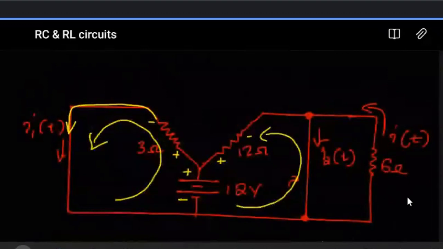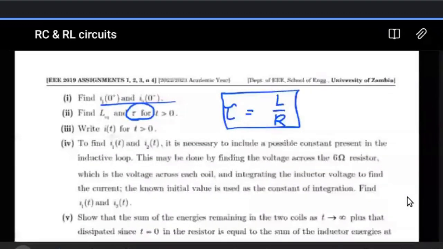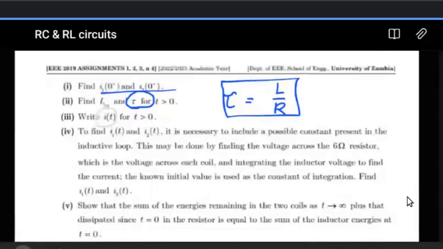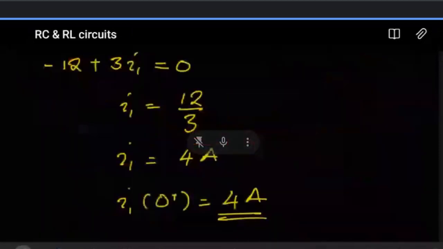They're saying write i(t). So they want a general function for i(t) for time greater than 0. We saw when time was less than 0, i(t) was also 0. But now for time greater than 0, how are we going to compute i(t)? This is what we want to find. So how do we do that?